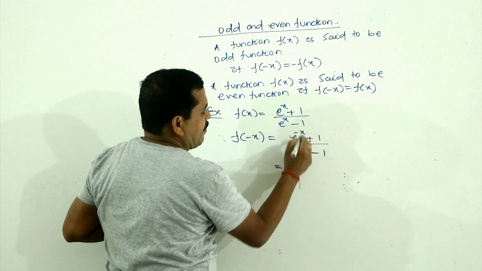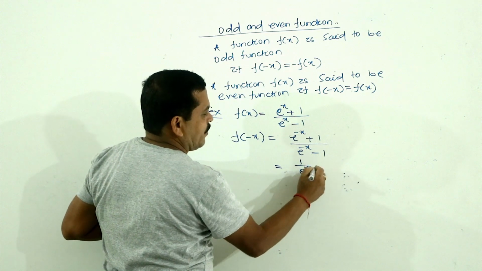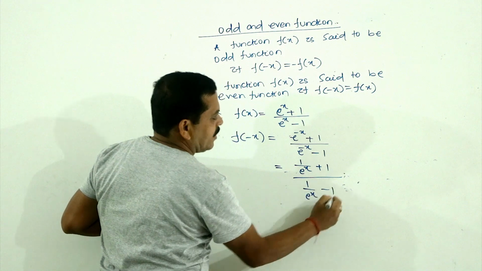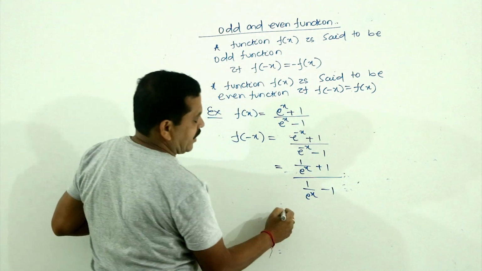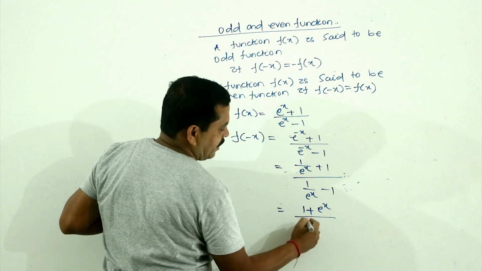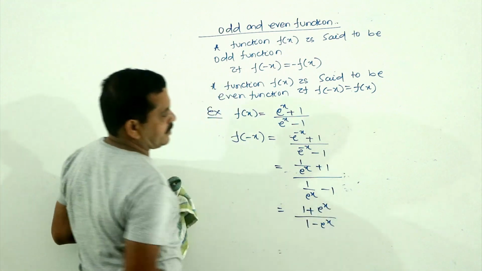Here e to the power minus x is the same as 1 by e to the power x, so we get 1 by e to the power x plus 1 by 1 by e to the power x minus 1. After simplification we get 1 plus e to the power x by 1 minus e to the power x.